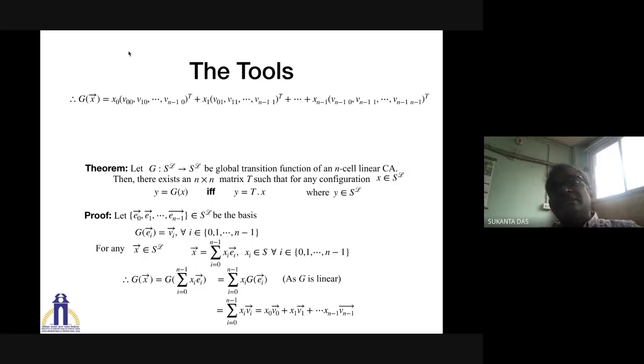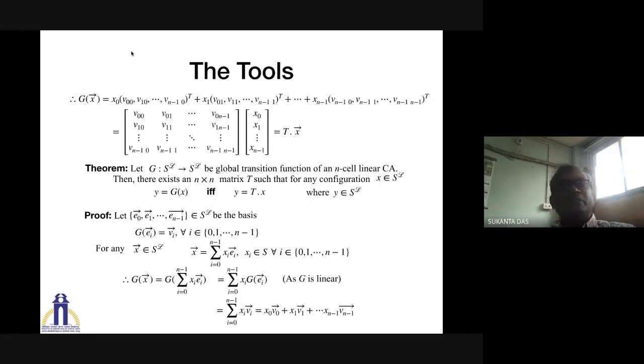Now, this relation can also be represented in this way. You can check it. Some step jumps you may find here, but the above one can be represented in this format. We get an n by n square matrix into x0, x1, up to x(n-1).